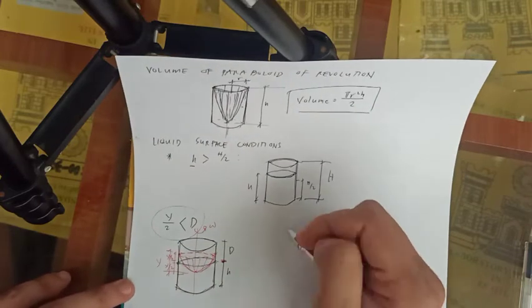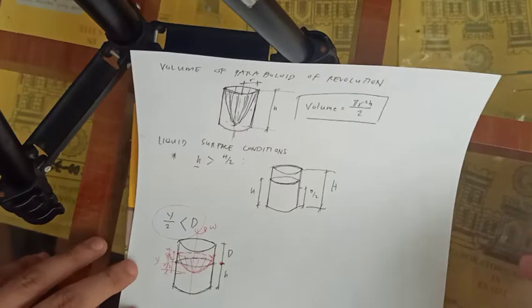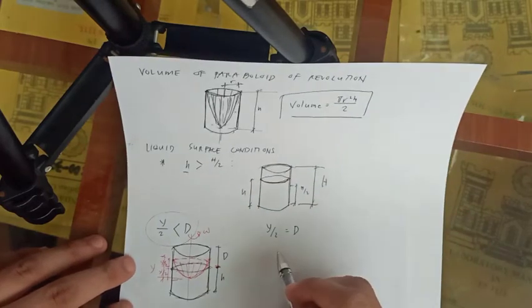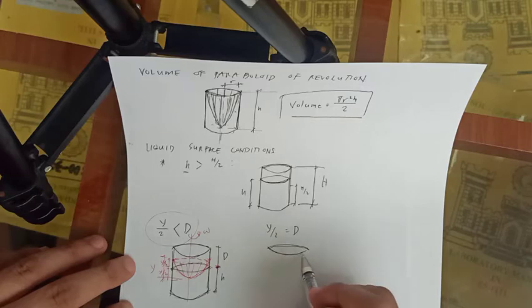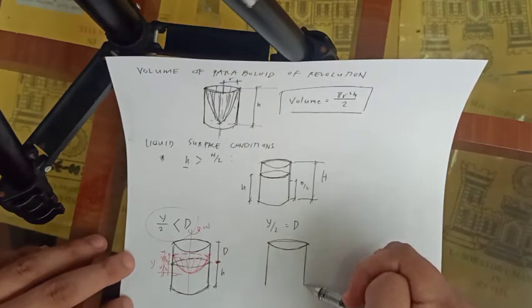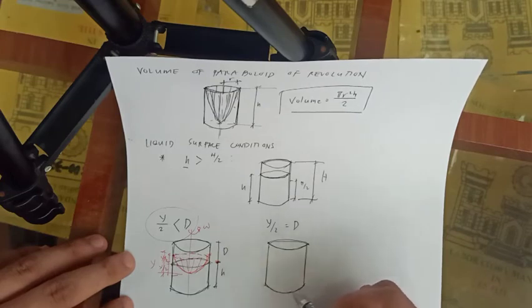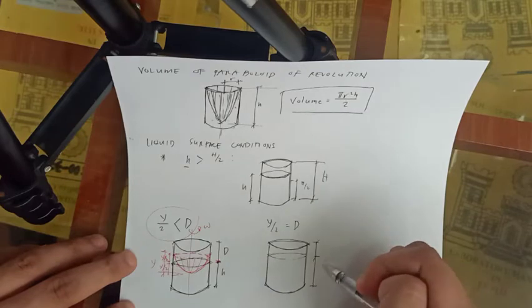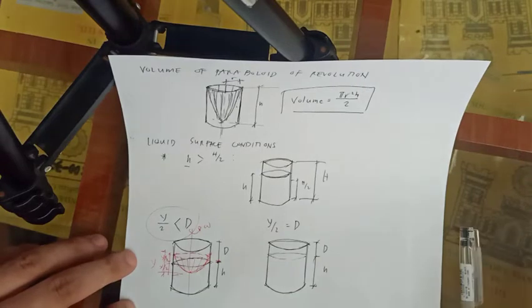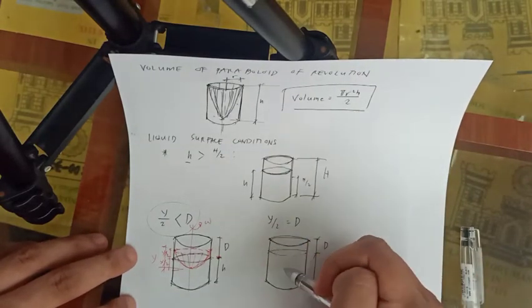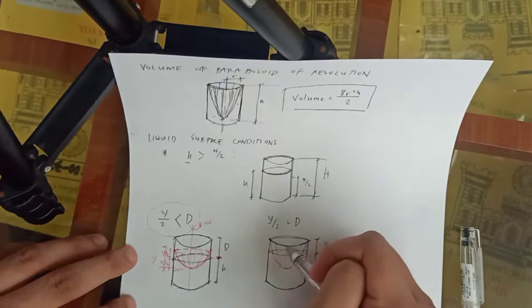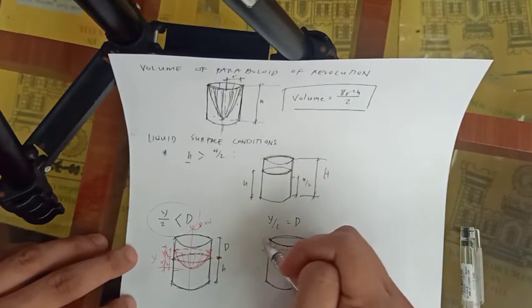What if y over 2 is equal to d? So this is a paraboloid, touching the rim.